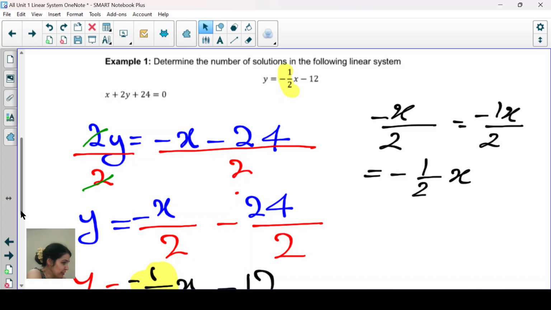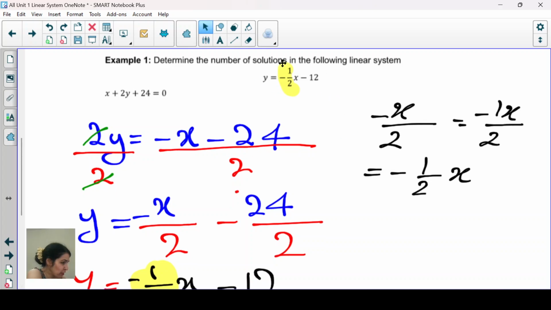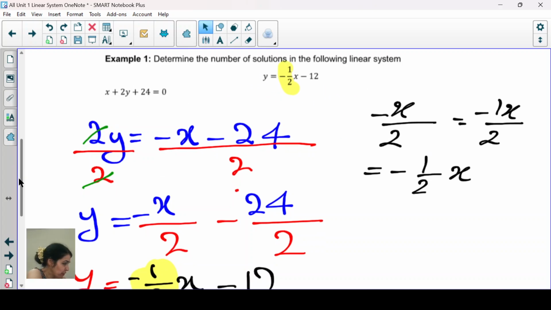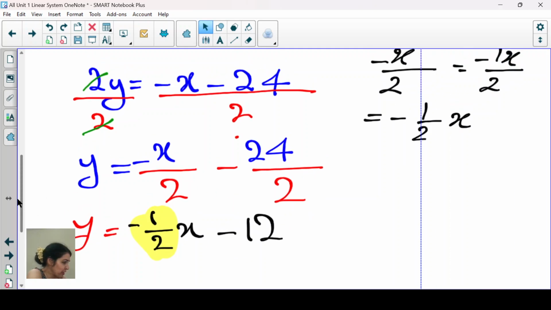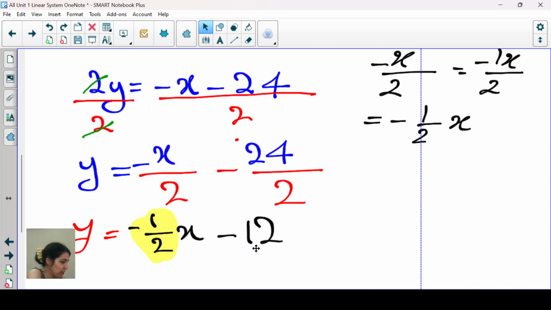In this case, this is one equation and this is the second equation. So they are collinear because they have the same slope, same y-intercept.